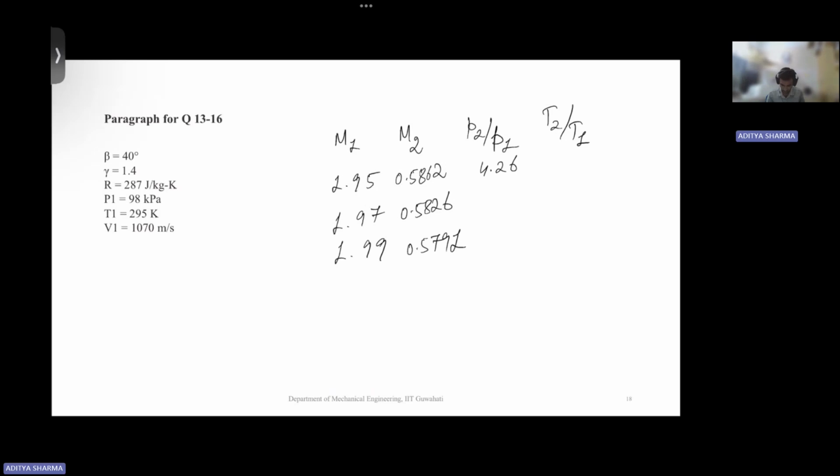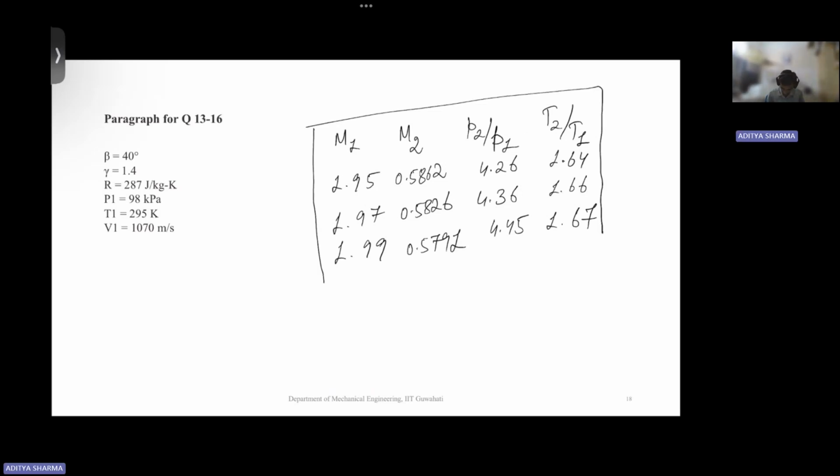Maybe I'll keep it with 2 digits only. So this data is there.